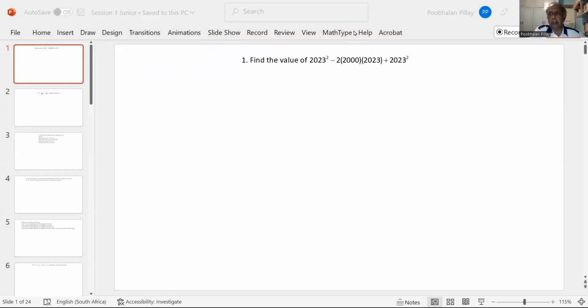Let's correct that. This is 2000 squared. If you look at this, you have a square here. If you call this number a, then what you have here is a squared. And if you call 2000 b, you have plus b squared at the end.